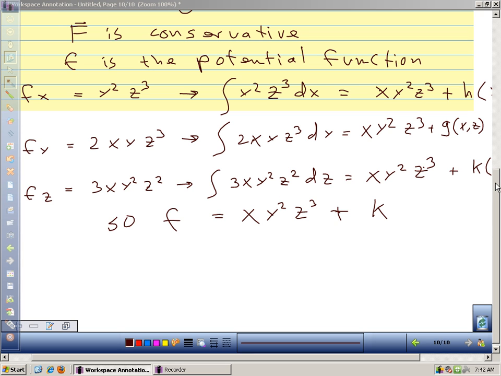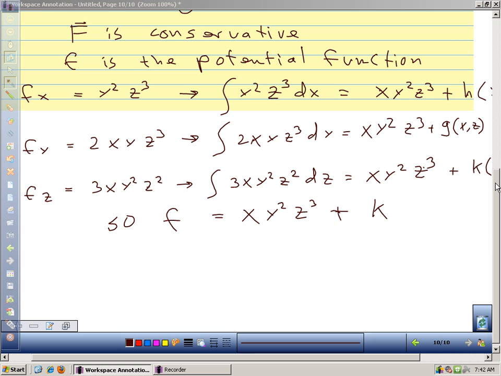And the reason we're spending time talking about potential functions is that conservative fields have special properties that we're interested in this chapter. They behave in specific ways that we'll talk about a little later when we start talking about integrating vector fields.